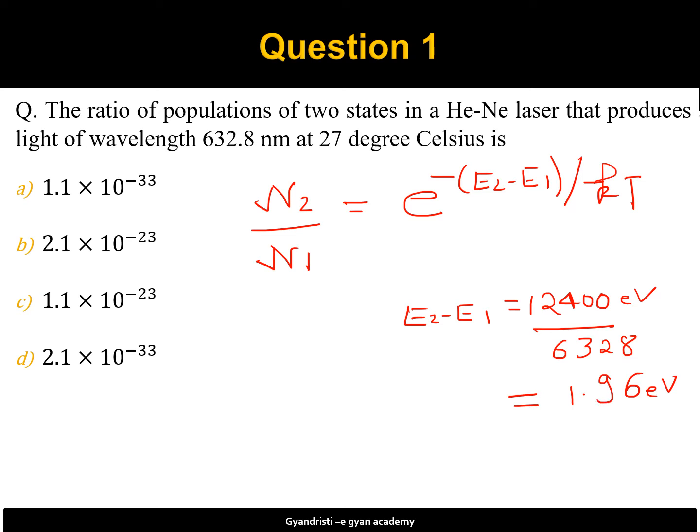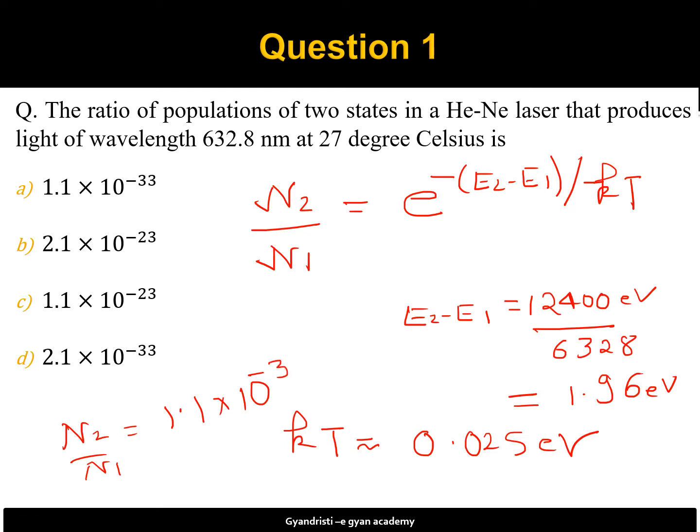Okay, and KT at 26 degrees Celsius will be approximately equal to 0.025 electron volt. Okay, so after substituting these values in this expression, we will get N2 by N1 is equal to 1.1 into 10 to power minus 33. So the correct answer is option number A.